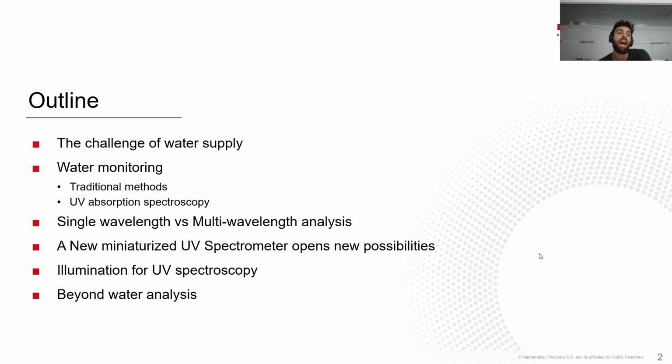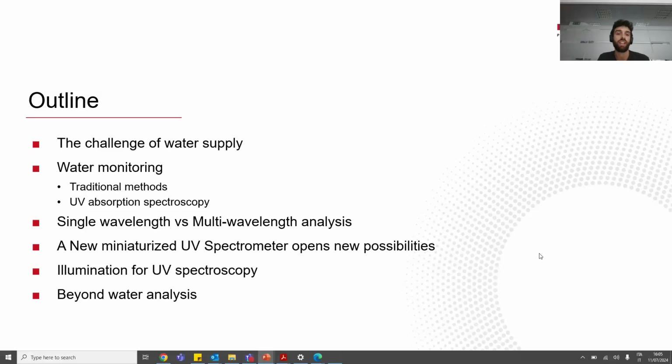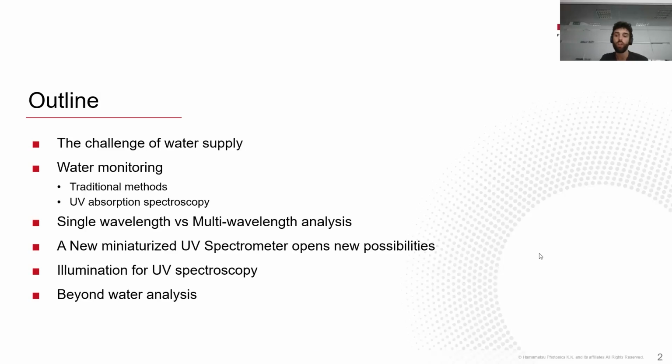And finally, I will introduce the most anticipated UV spectrometer from Hamamatsu Photonics. In the end, I will also talk about illumination available for UV spectroscopy, and we will also go beyond water quality analysis, talking about another interesting application.